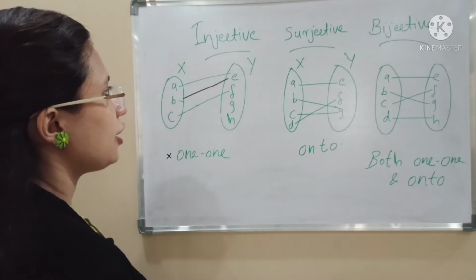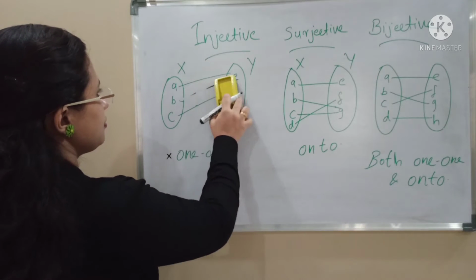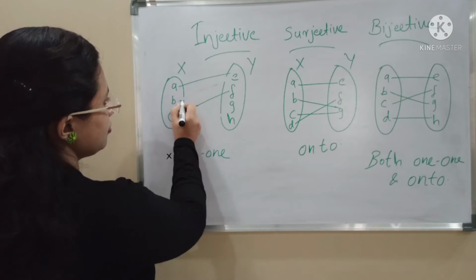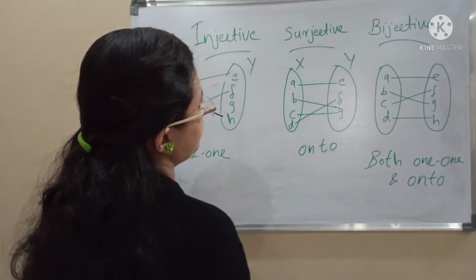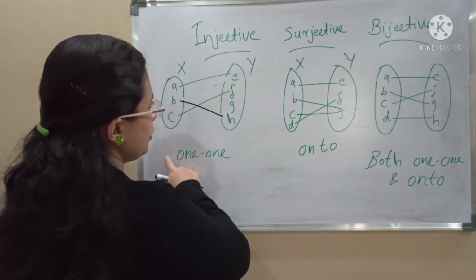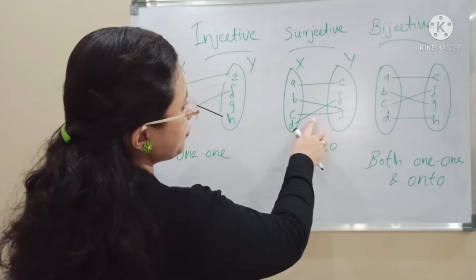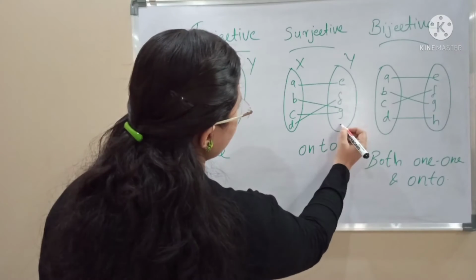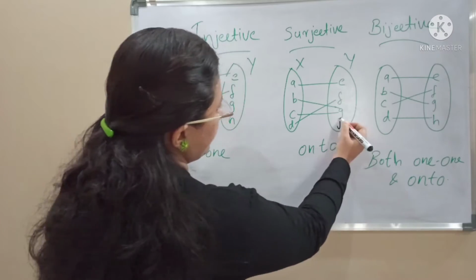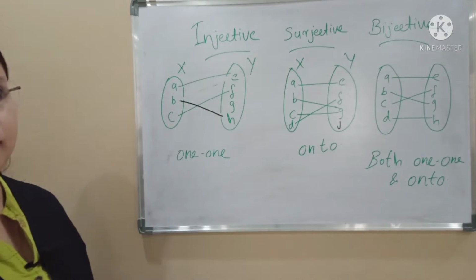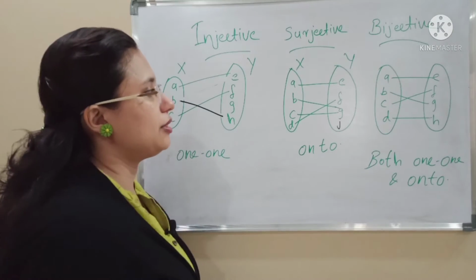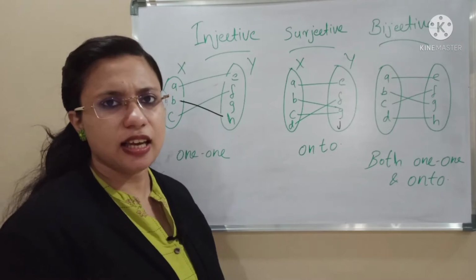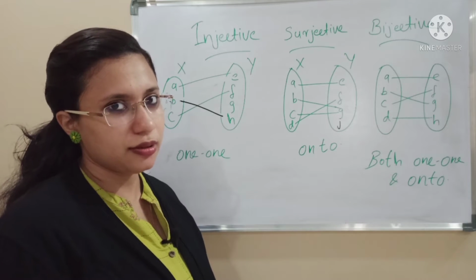And if we consider the other case, suppose we have one more element J. Can we say it is an onto function or surjective function?